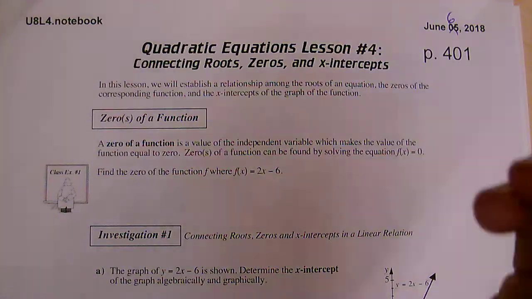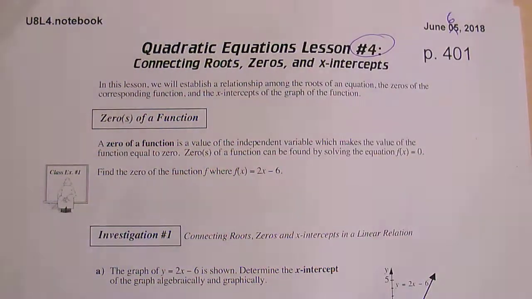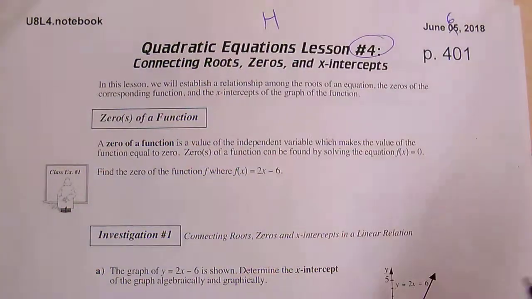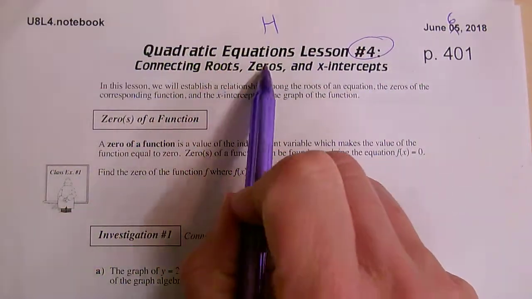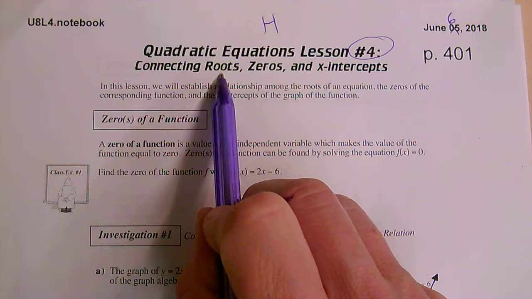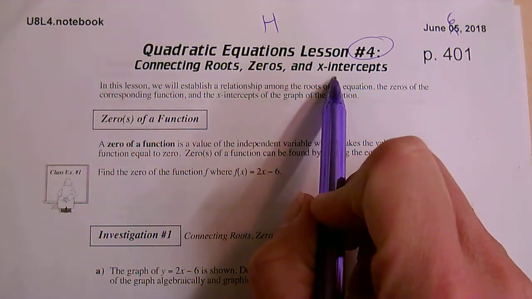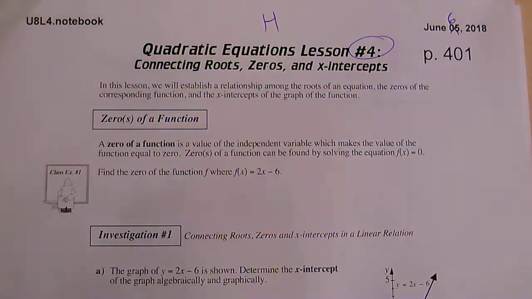We are going to learn about lesson 4. What unit are we in? Unit H. We are going to connect roots, zeros, and x-intercepts, which we're going to learn are actually all representing the exact same thing. That came up yesterday a little bit when Braden asked that question.